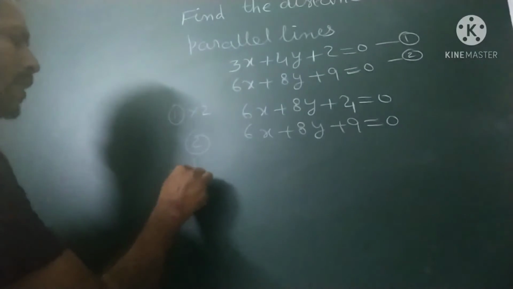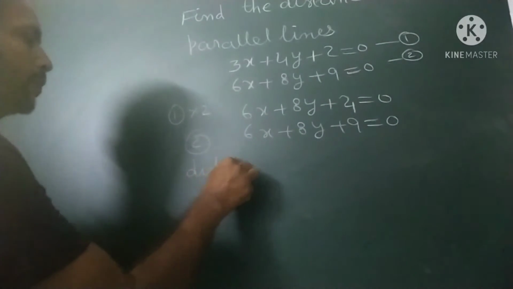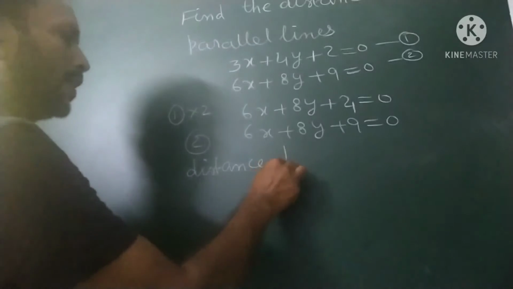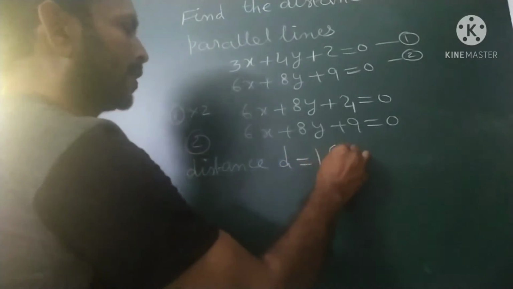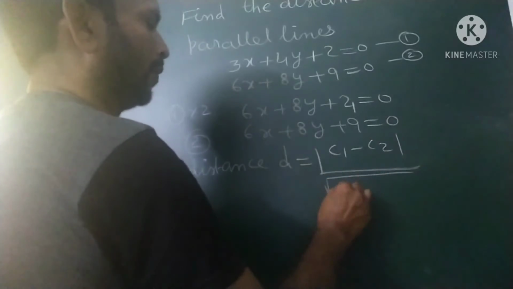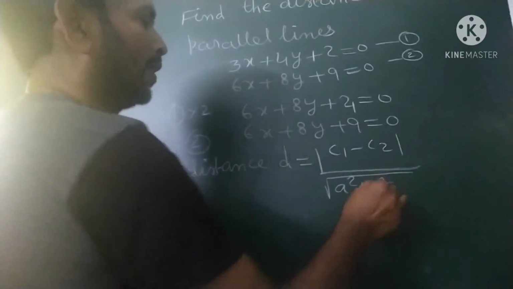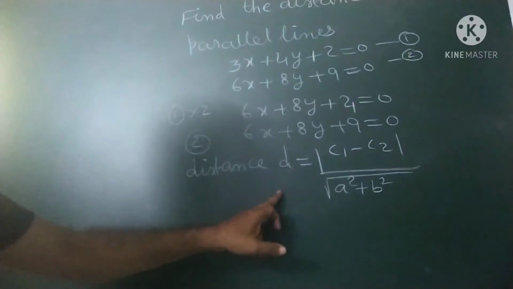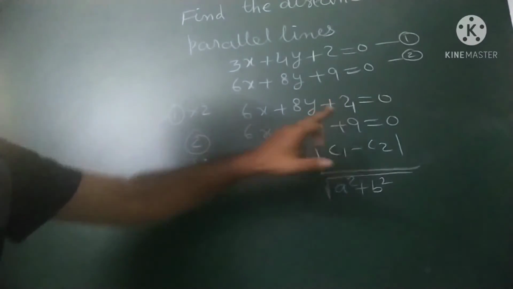Now distance D is equal to modulus of C1 minus C2 by root of a square plus b square. This is the distance between parallel lines formula. C1, C2 mean the constant terms.